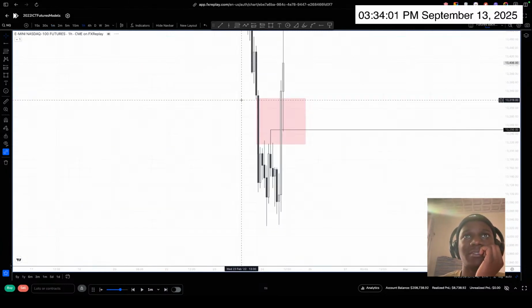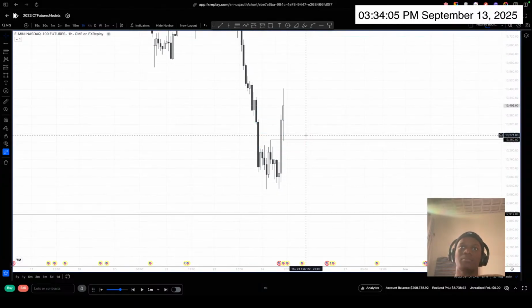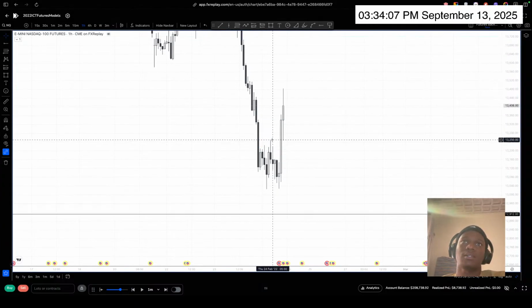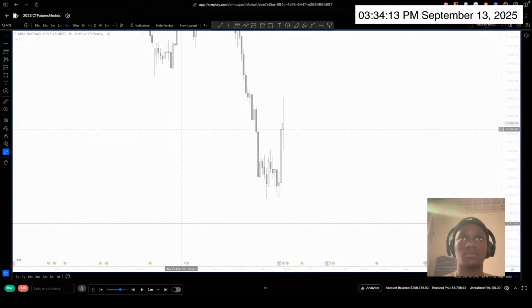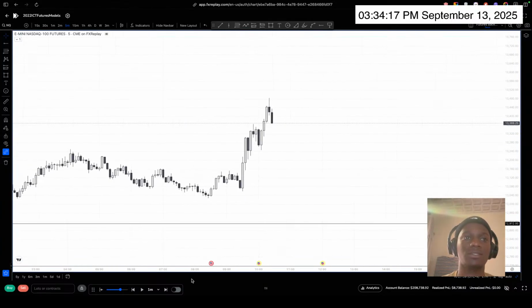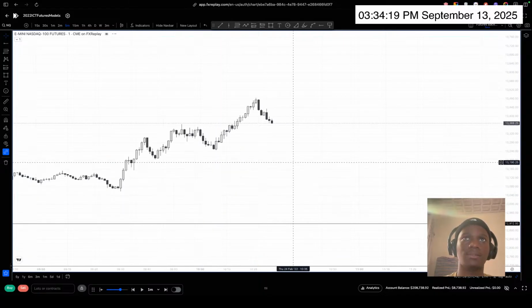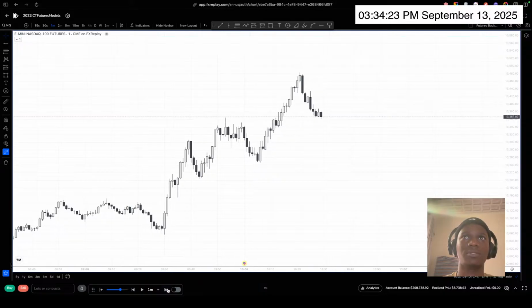Go to 1 hour. Looks like we might have closed above here and ended up pushing even higher into the other block. This one here. Go to the 5. Nothing much yet. Let's see if anything gets presented to us.